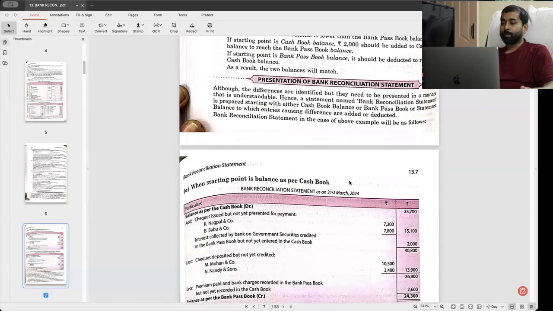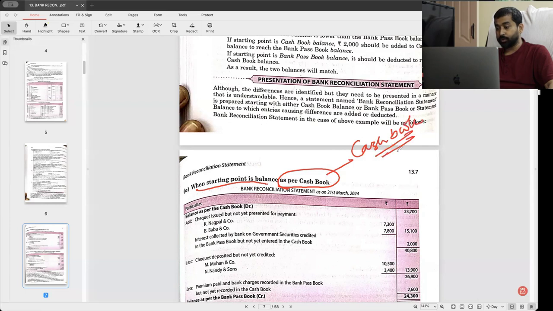Now, presentation of bank reconciliation statement. I am just showing the first part, and after that moving to the questions. So the first part is that the starting point is the balance as per the cash book. Now think about it: as per the cash book, when I told you about the cash book, you are the company and you are maintaining the cash book.